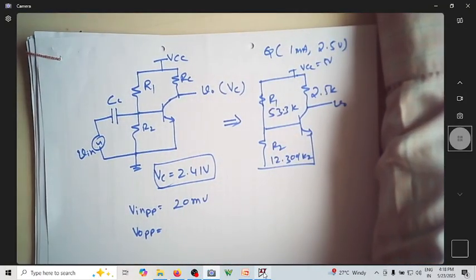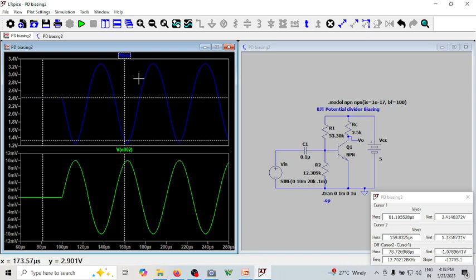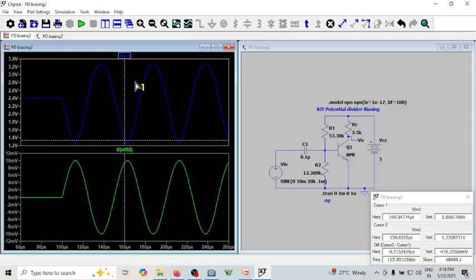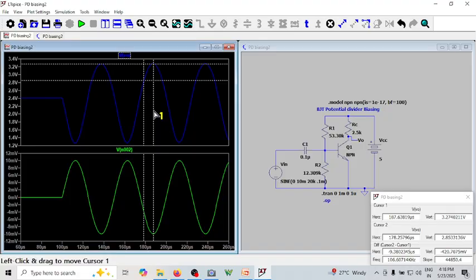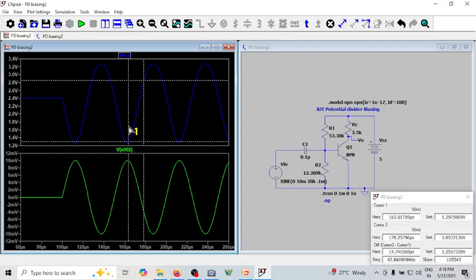What is output peak to peak? Let me double click on this and measure the peak to peak voltages, for which I should keep one cursor at the peak and the other at the minimum.